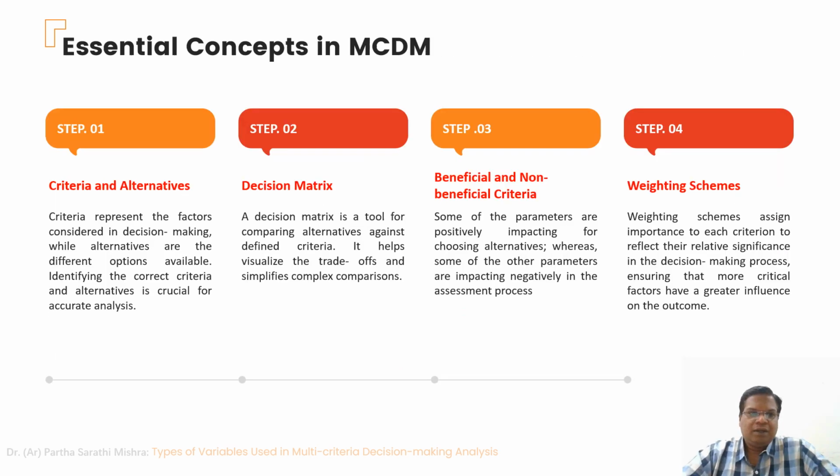Now, these are the essential concepts of multi-criteria decision-making analysis. One of the major steps is to identify the criteria and the alternatives. Criteria are the parameters or attributes from which we are going to evaluate the alternatives, and alternatives are the options for which we are going to make some kind of decision.